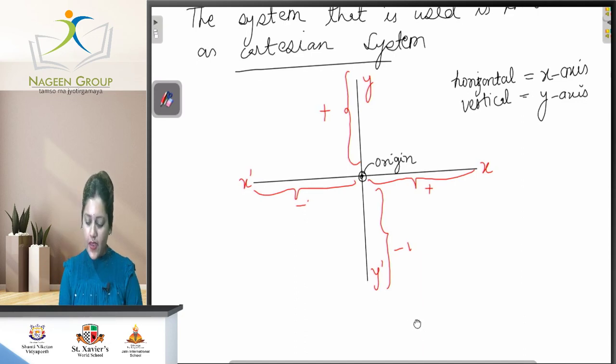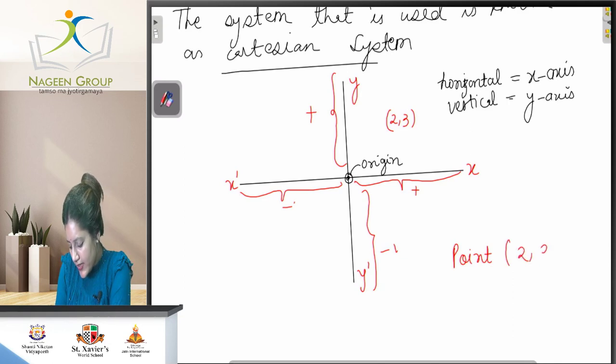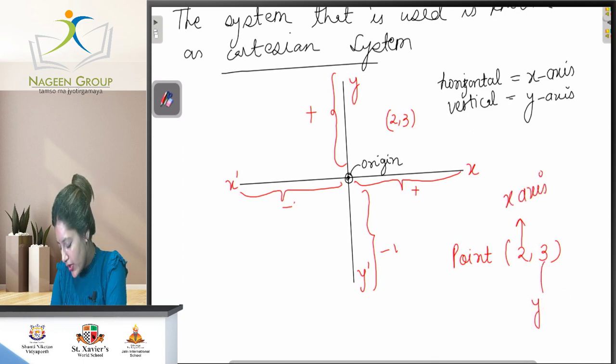Next, if any point is shown on this number line like 2, 3, its first number shows the point on the x-axis while the second shows the point on the y-axis.